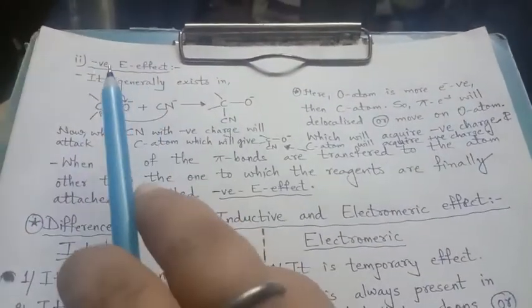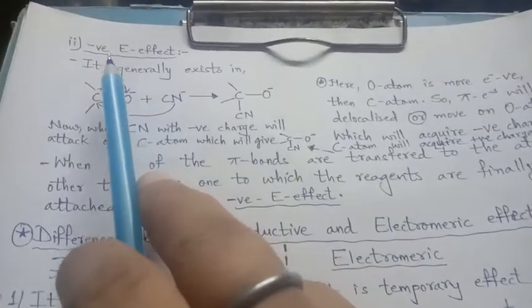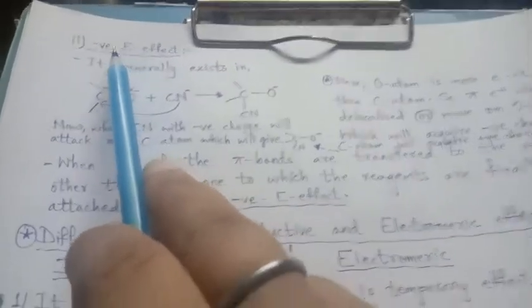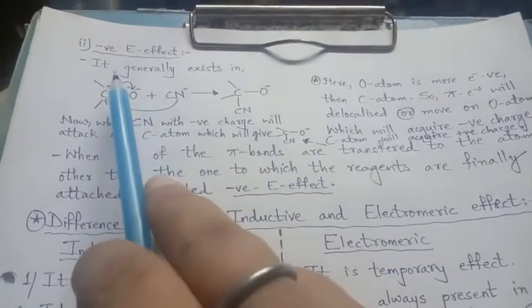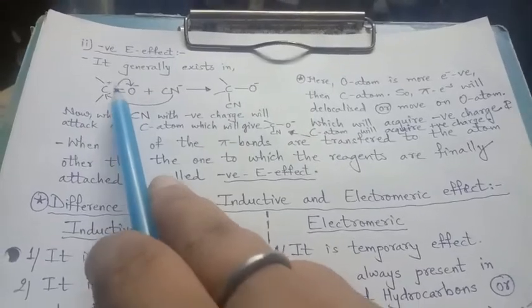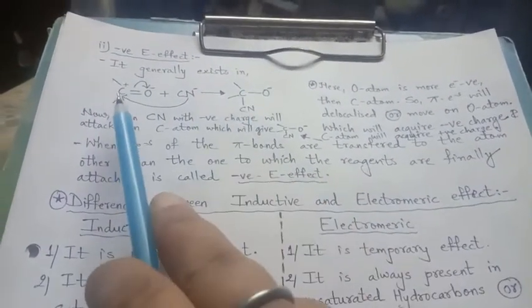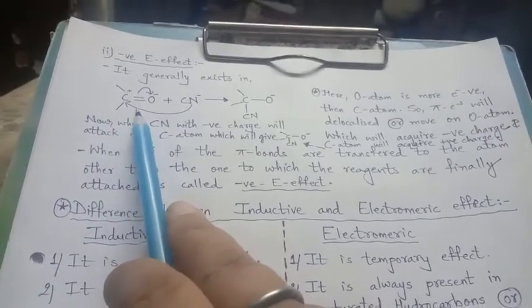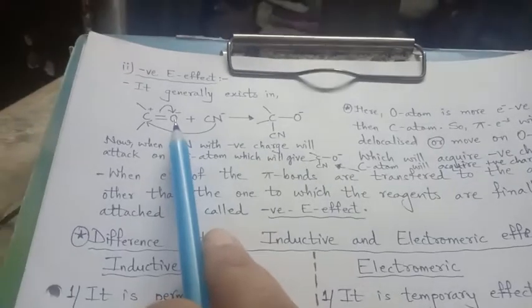Now today we will continue with another effect, the negative electromagnetic effect, or we can say the negative E effect. It also occurs in a double bond. The E effect generally exists in a carbon double bond with oxygen, that is, a ketone group.